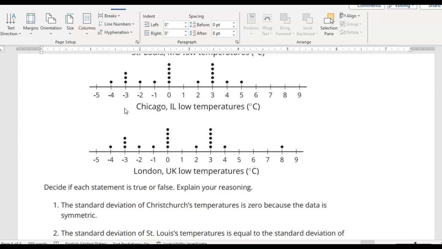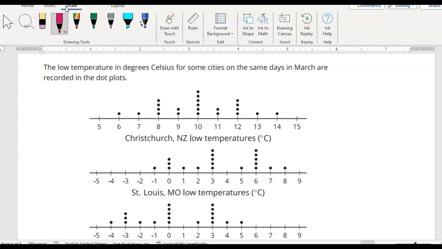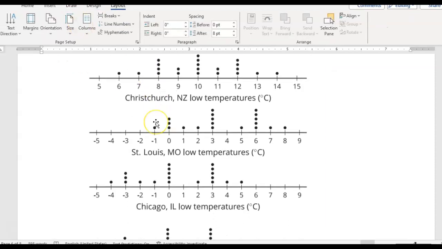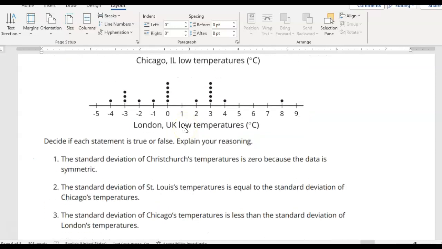Explain your reasoning. So 1, the standard deviation of Christchurch's temperatures is 0 because the data is symmetric. So the standard deviation, remember, is the difference between each value and the mean. And so even though this is symmetrical, there is a difference between each of these values and the mean. So it would not be 0 unless the temperatures were all the same, right? So this is false.